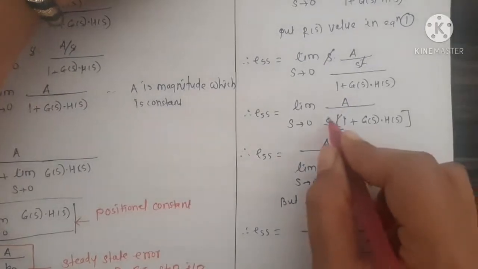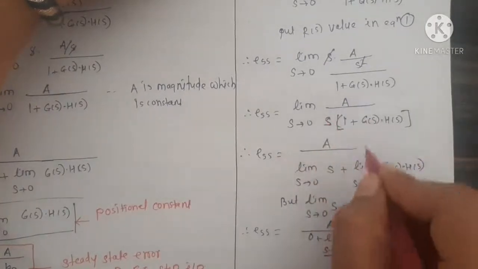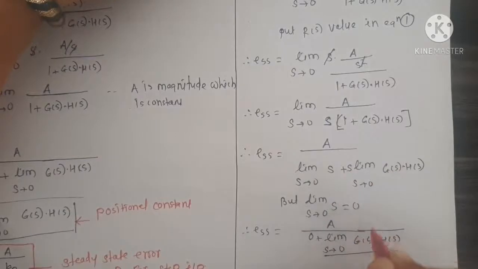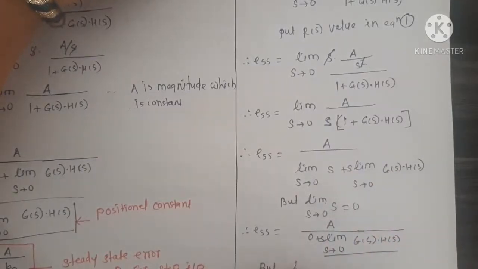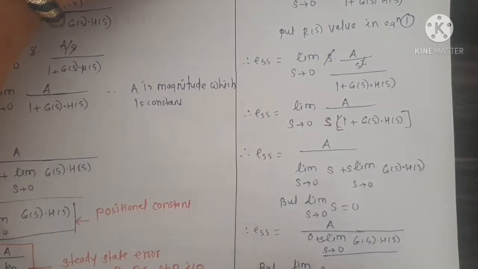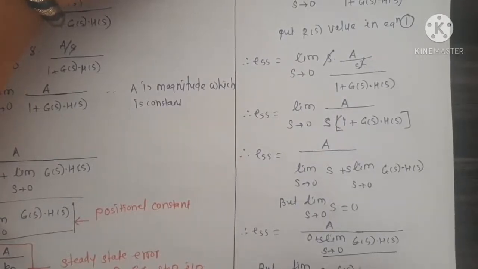Here this s gets multiplied inside, so here s also comes, but limit s tends to 0, s into g of s into h of s is equal to Kv.